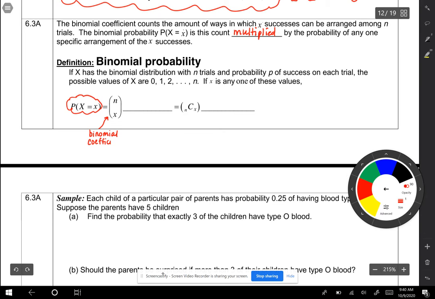To find the binomial coefficient, I would use a calculator, obviously. But you take that answer, whatever it is, the number of ways, times p to the k power. That is your success.